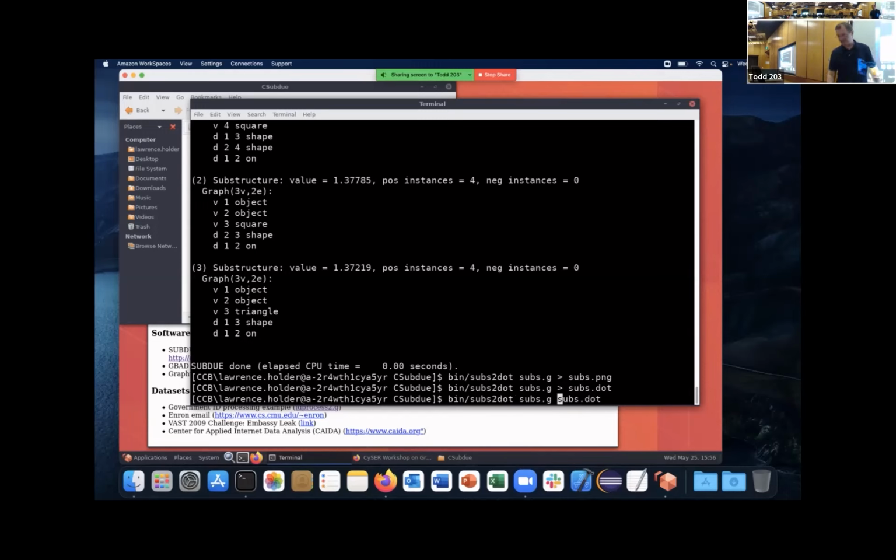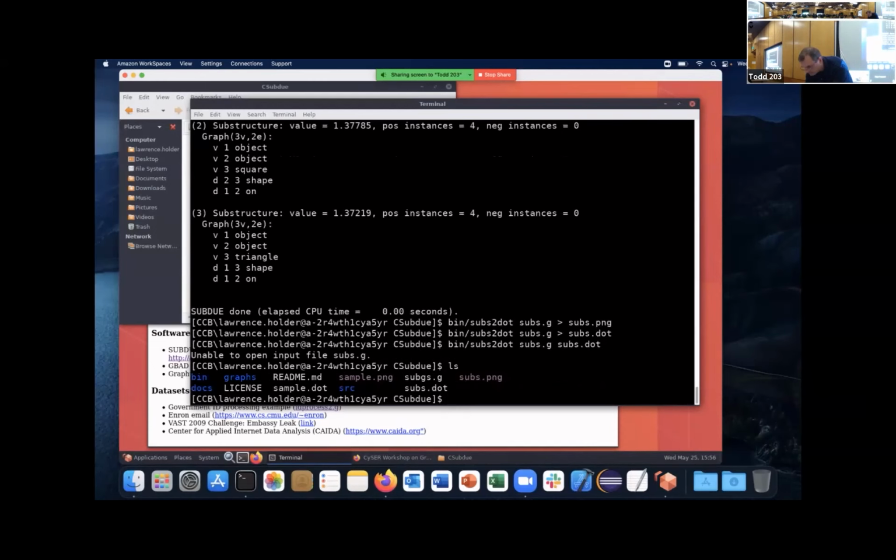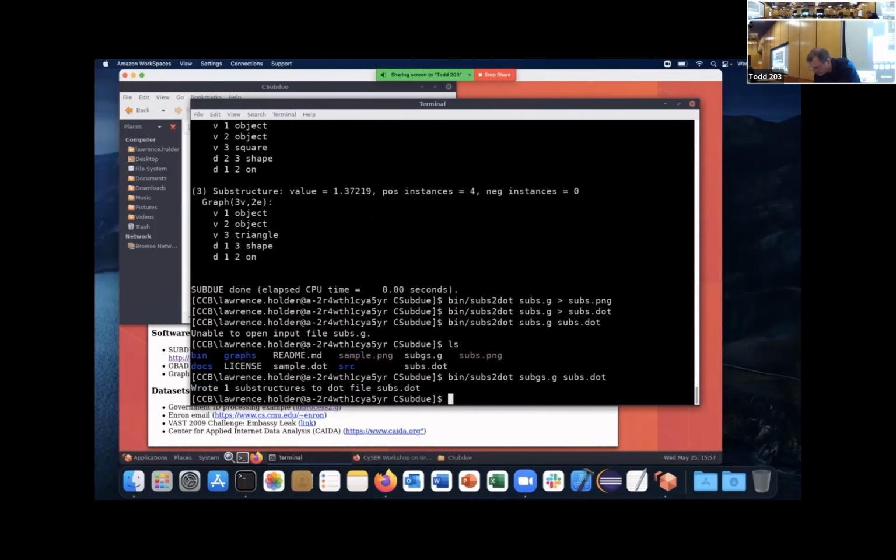So the second argument is the file to write to. Okay, some misspellings, but bear with me here. So I called it sub.gs for some reason. G, and then the second argument will be subs dot. Okay, so that wrote the substructure to the dot file, and then we can convert it to an image.